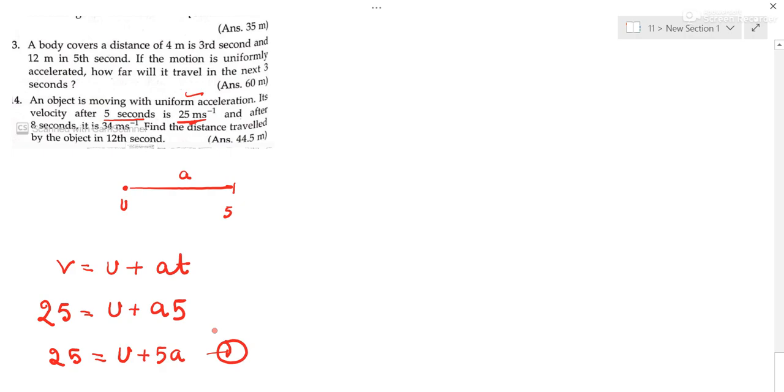Now its velocity after 5 seconds is 25 and after 8 seconds is 34, so you can substitute 34 here. It is after 8 seconds, so u is u, and this is equation 34 equals u plus 8a.